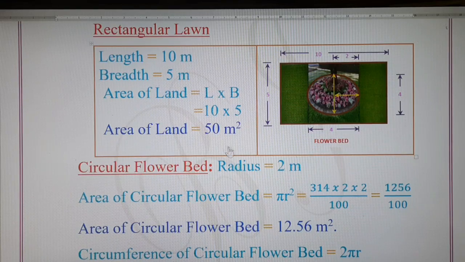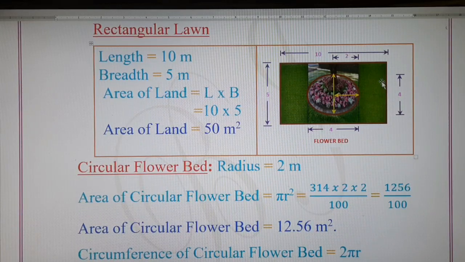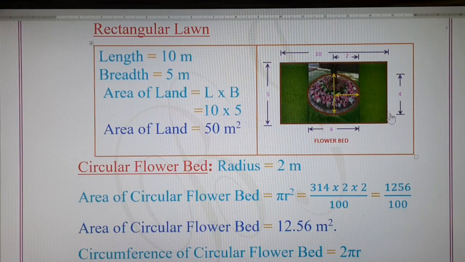So 50 meters square minus 12.56 meters square, we will subtract to get the remaining area. That means the green area, the area in which the grass is grown. So this flower bed has to be removed. The remaining area only we have to find. To find the remaining area, we have to subtract the flower bed's area from the area of the land.